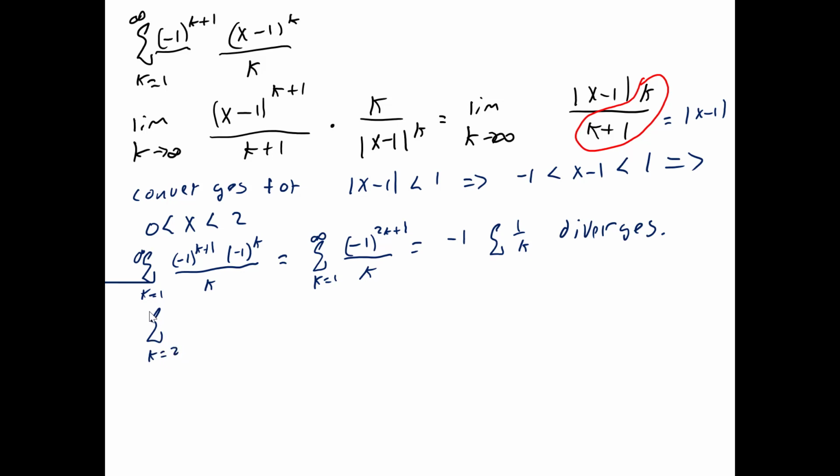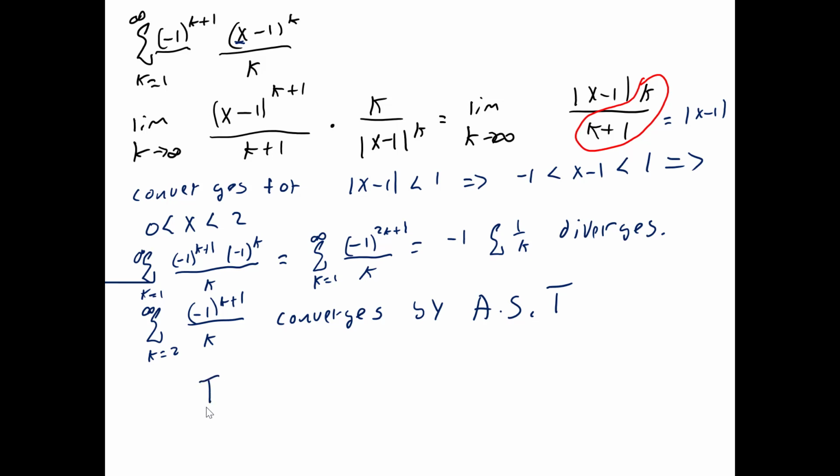Now, if x is equal to 2, then we get this series. We put in 2 there. 2 minus 1 is 1. 1 to any power is 1. We end up with negative 1 to the k plus 1 over k. And this converges by the alternating series test.